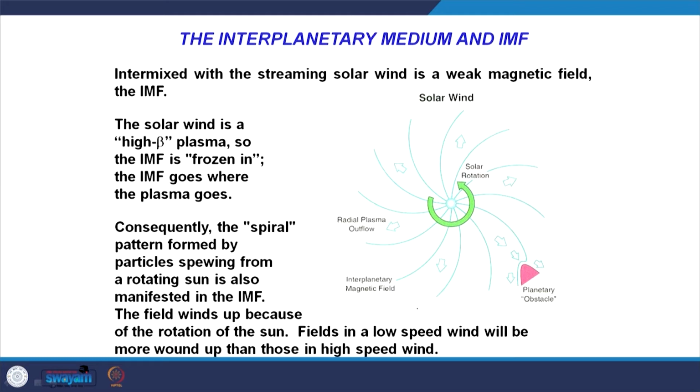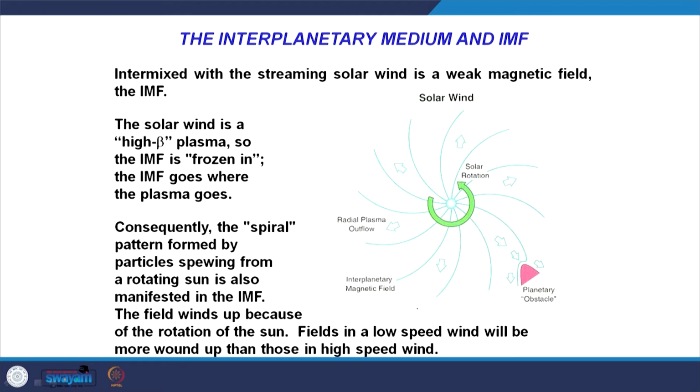Simply put, it is the magnetic field associated with the sun. The sun's magnetic field pervades the entire solar system, and this magnetic field is called the interplanetary magnetic field. It is intermixed with the streaming solar wind and is a very weak magnetic field.